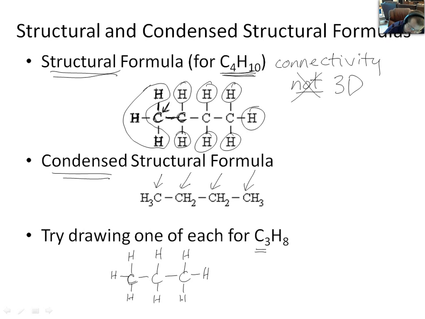If I were to rewrite this as the condensed, then every carbon needs to have its hydrogens pulled in next to it. Now if I read this from left to right, the first thing I come across is my hydrogen.